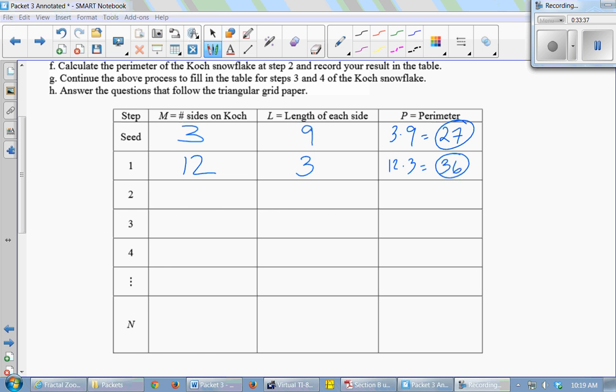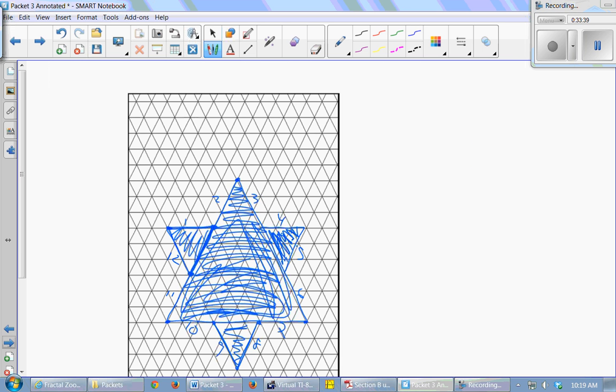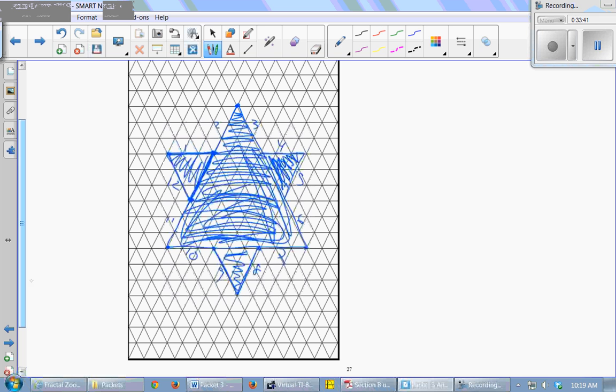All right, so with our next step, we have to look at all of our 12 sides and add a triangle, an equilateral triangle, onto the middle third.